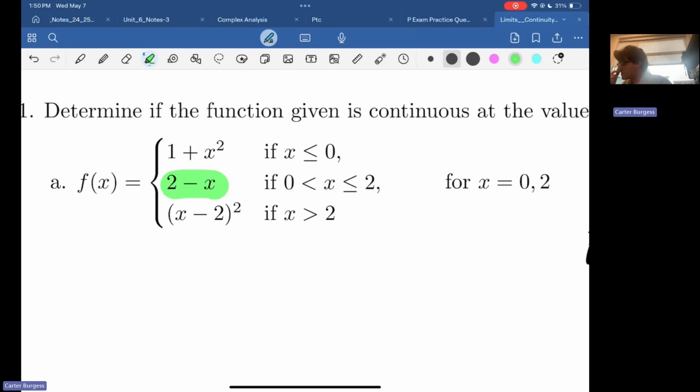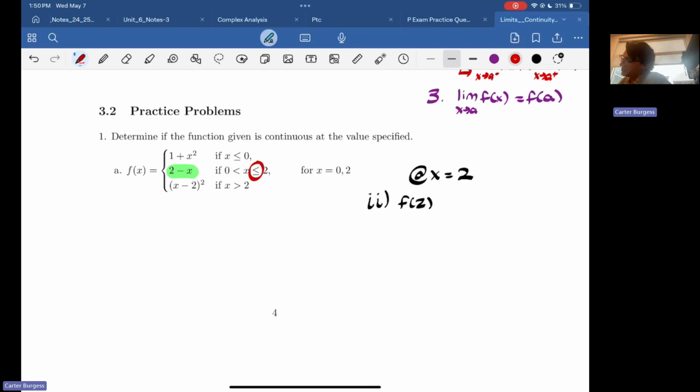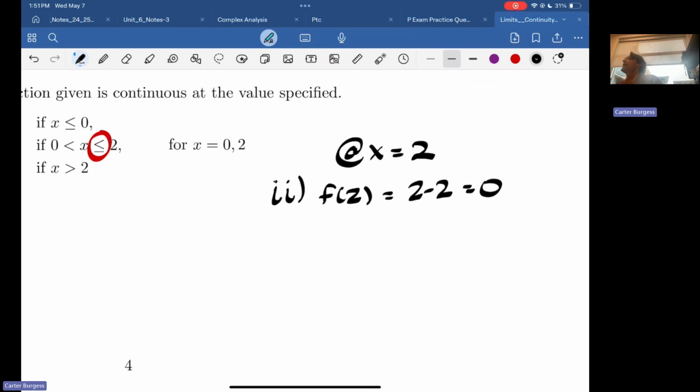And how did we know that? The "or equal to" sign around that 2 is what's giving that one away. Okay. So f of 2, which in this case is 2 minus 2, which is 0. Is our function defined at that particular value? Yes. Okay. So we have confirmed that we have something going on there.